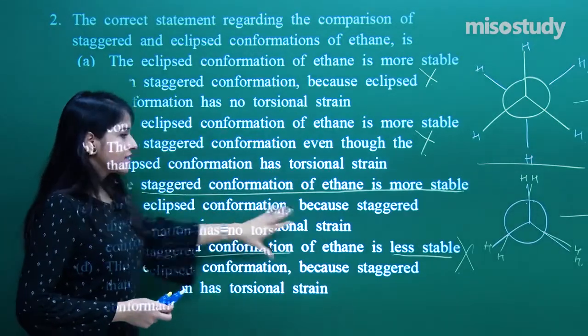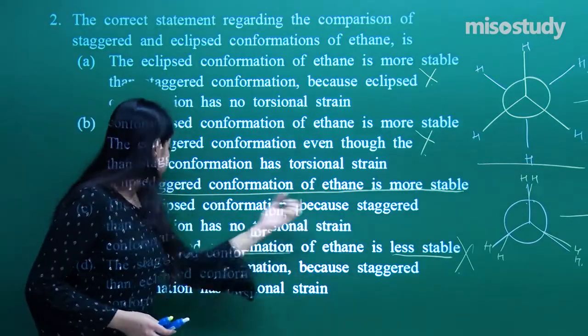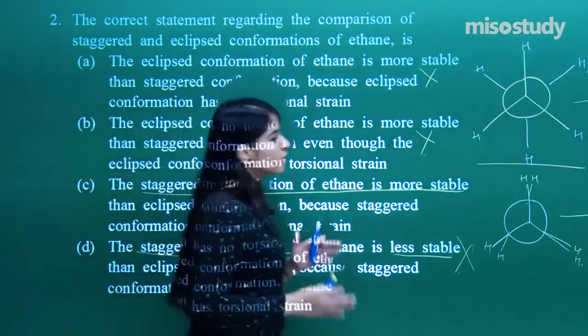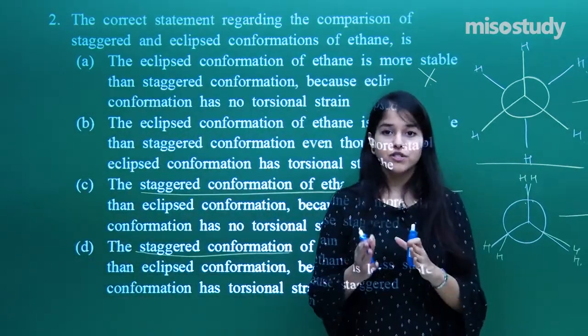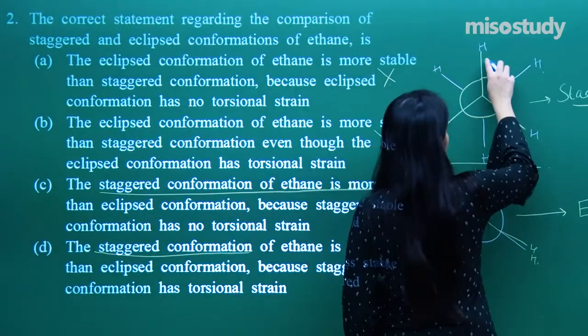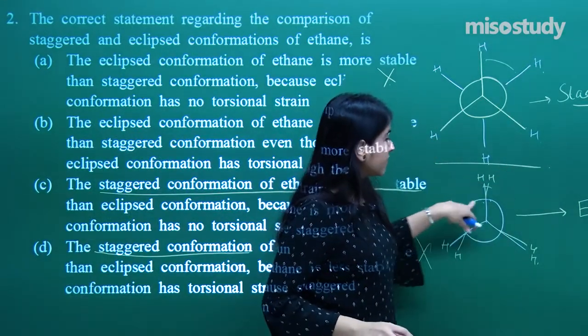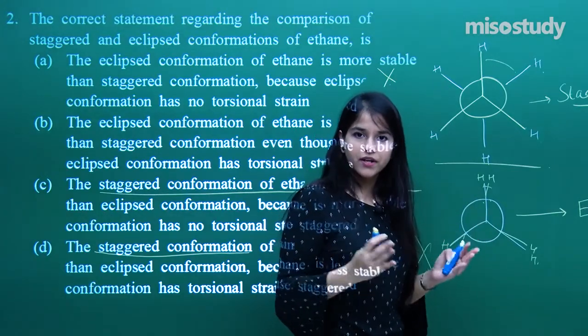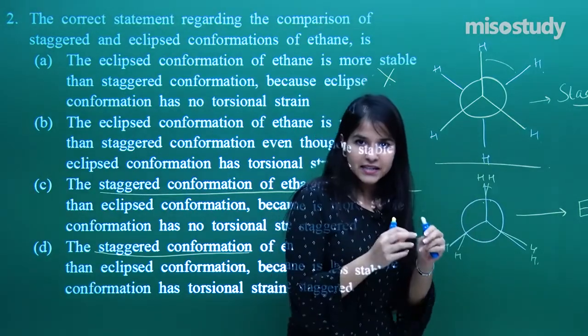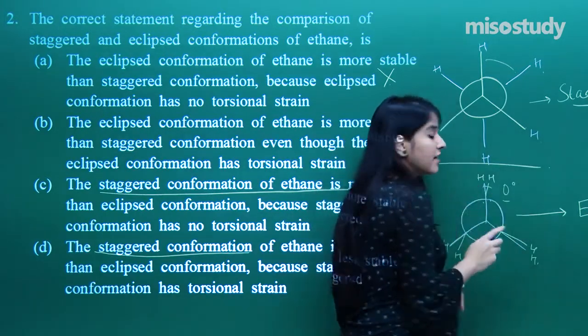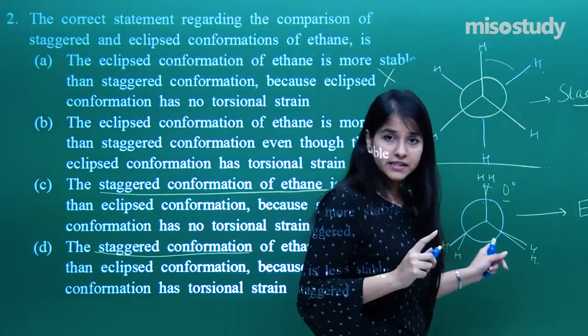But let us complete the sentence: because the staggered conformation has no torsional strain. Is it true? What about the torsional strain? What is the torsional angle? The torsional angle is actually this. If you see here, there is so much torsional strain because the dihedral angle over here is 0 degrees, the highest torsional strain in this case.